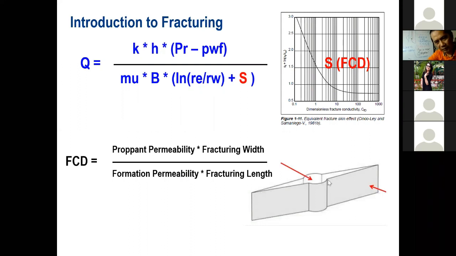If this is your wellbore, from here to here is your half length. And this is your crack width, and the crack has a length, right? So this is what shapes the FCD equation: the proppant permeability, which is the sand material, multiplied by the fracturing width, divided by formation permeability times fracturing length.